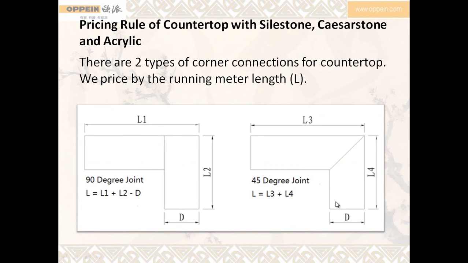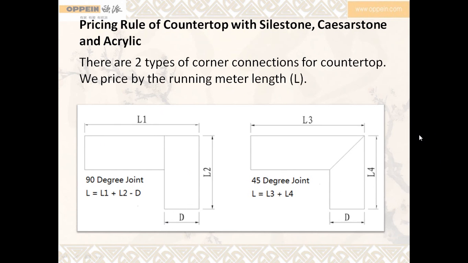As in the following figures, there are two types of corner connection for countertops with silestone, Kisastone, and acrylic. We price by the running meter length L. The first type is the 90-degree joint, as in the figure on the left side. The length L equals L1 plus L2 minus D, as you can see here.